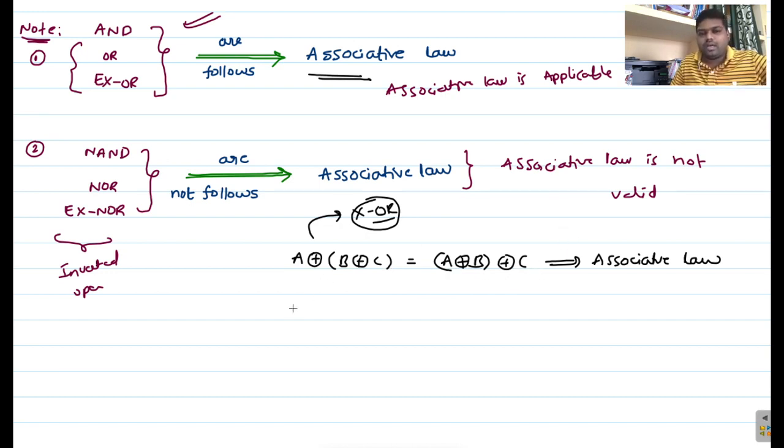In case you are taking the XNOR operation, A XNOR B XNOR C equals A XNOR B XNOR C, this is not possible. Why? Because here we are taking the XNOR operation. For this XNOR gate, the associative law is not applicable, so these two expressions are not equal.